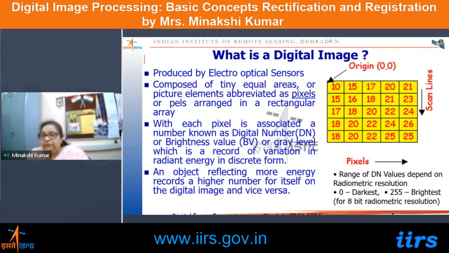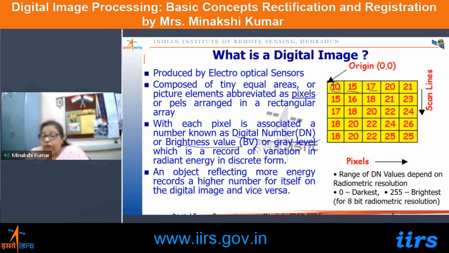Now, with each pixel is associated a number, and this number can be called digital number or brightness value or gray level, GL. Right? Now, this number is a record of reflected energy, which is converted to a digital number, and then it is recorded by the sensor.